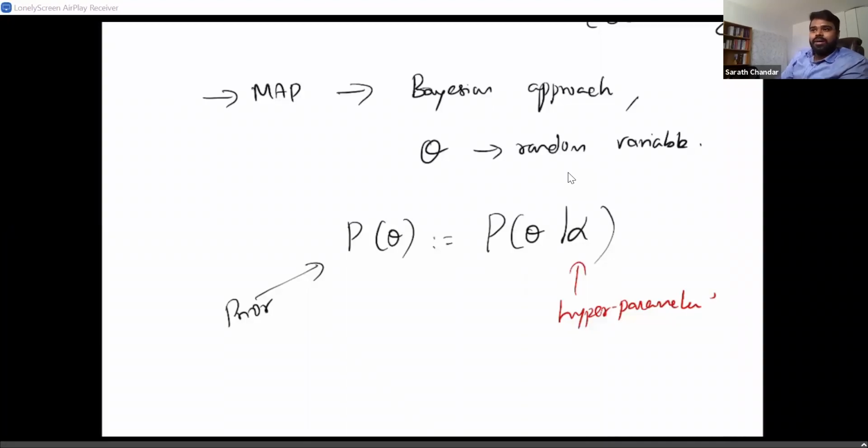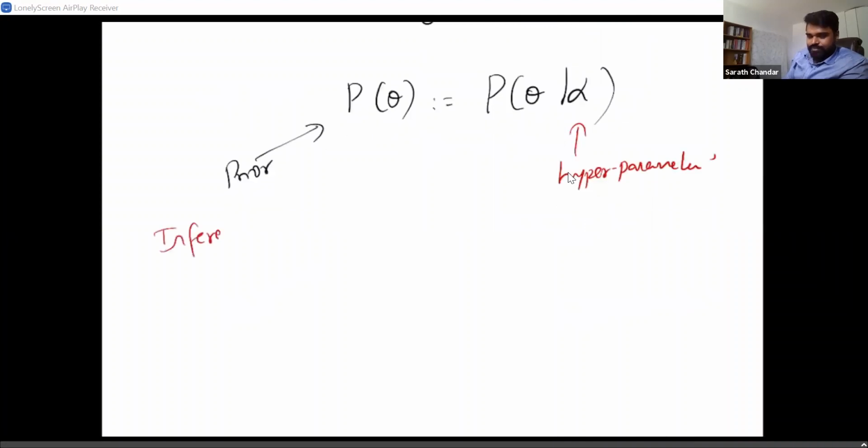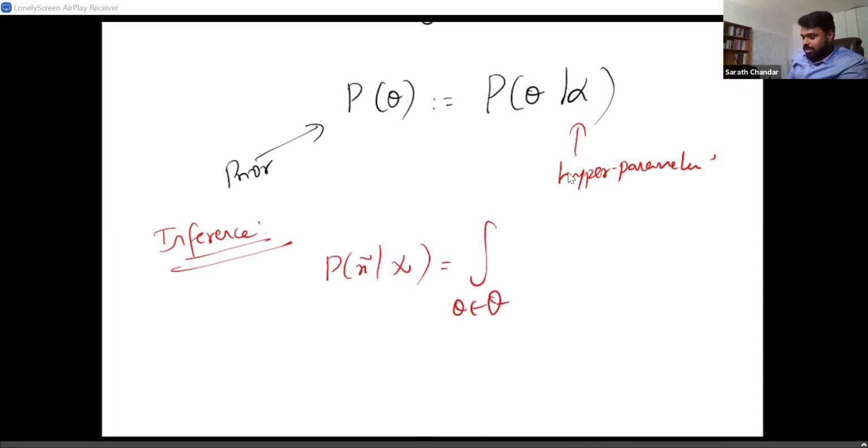Now let's go to the inference again. P of x given x, which is what we care about, right? If you recall, this is basically the integral over theta belonging to capital Theta, P of x given theta, P of theta given x dx, right?